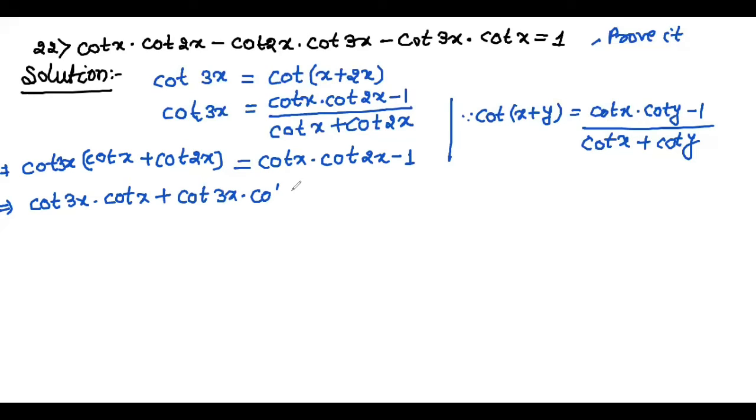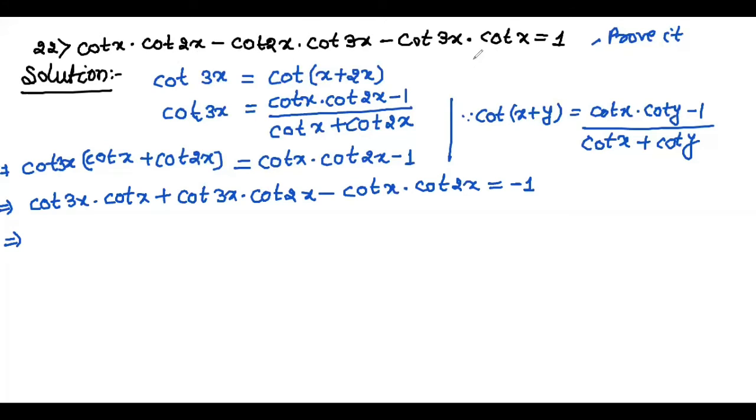Now I'm taking this cot x into cot 2x to the left hand side. So it will be minus cot x into cot 2x is equal to minus 1. Now in the proving, left hand side values are cot x into cot 2x minus cot 2x into cot 3x minus cot 3x into cot x.